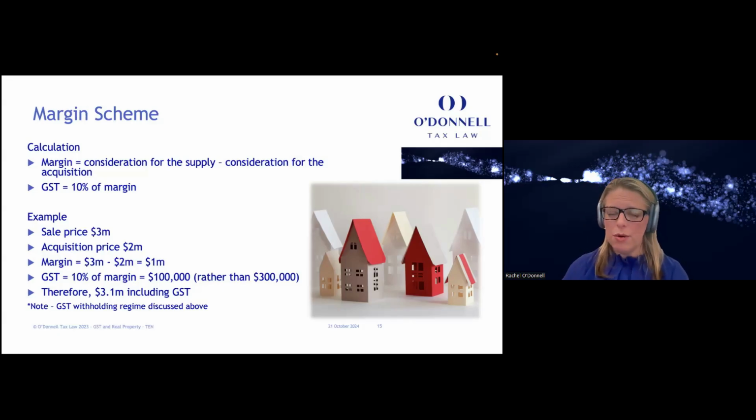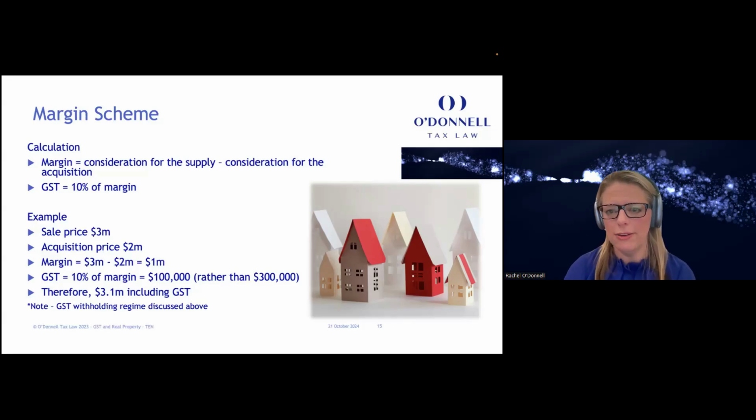In the true-up, because 217,000 has been withheld, and the actual GST amount is the 100,000 that we have on the slide, when the vendor lodges their BAS they say, Mr. Commissioner, we need to give you 100,000 for this supply, but we can claim back the 217,000 that the purchaser has remitted to the ATO under the withholding regime. So they effectively get 117,000 back in that instance.